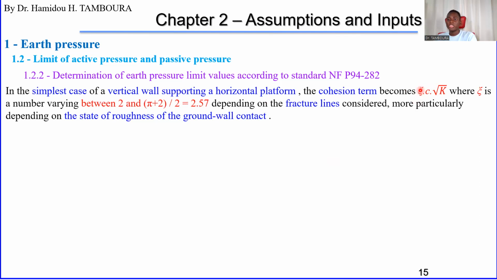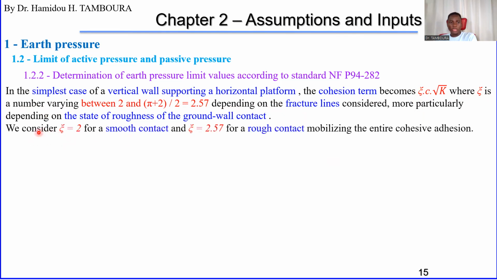This epsilon multiplied by C square root of K, where this epsilon is the number that is varying between 2 and 2.57. In case you have smooth contact, the epsilon will be 2.